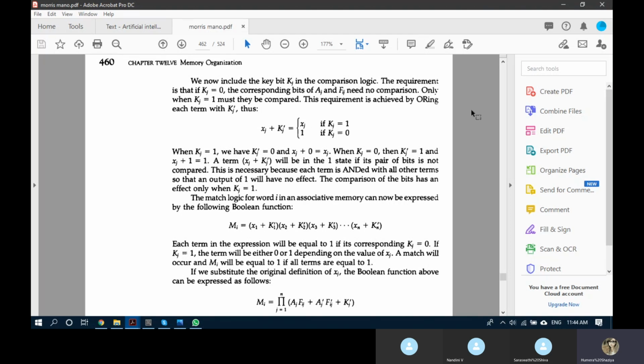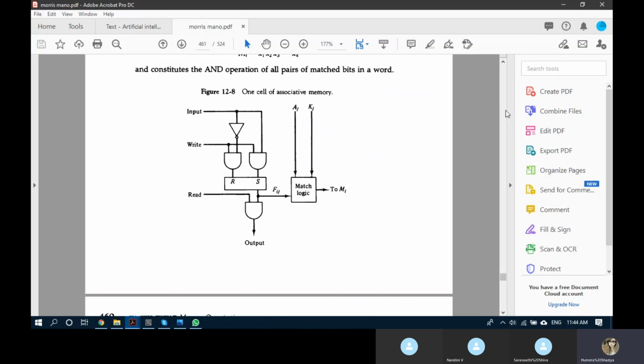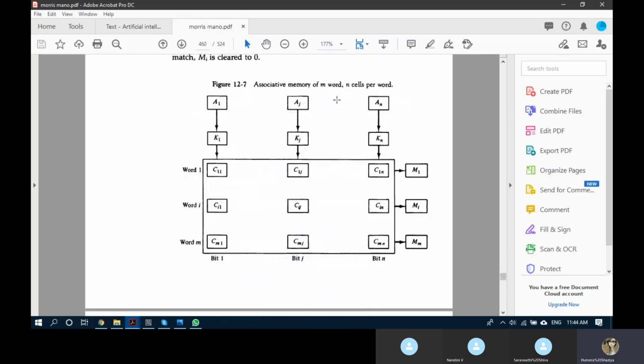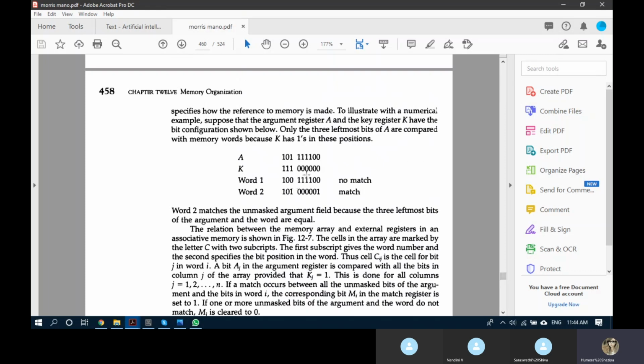Why like that? Because if the corresponding position in K has 1, then this one and this one will be compared, A and C1 or W1.